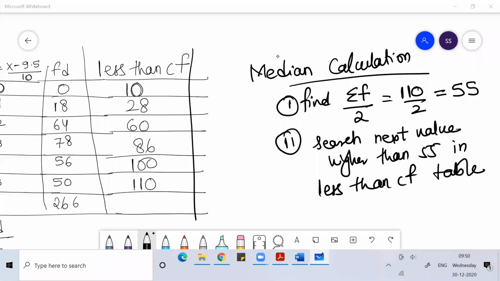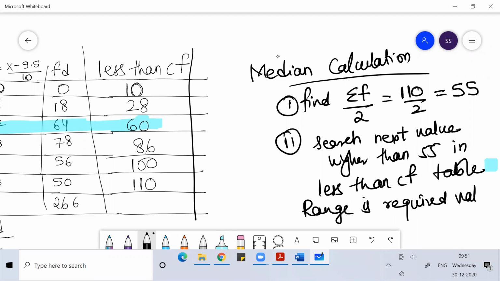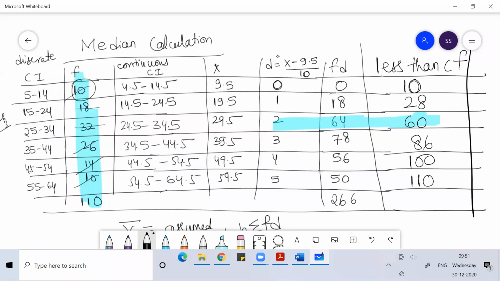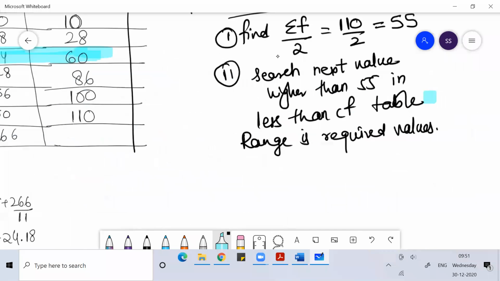Whatever value you get, that is the selected range. The range with the value higher than 55 is the required one. So this is the group you should focus on, the one with the next value higher than sum of f by 2.